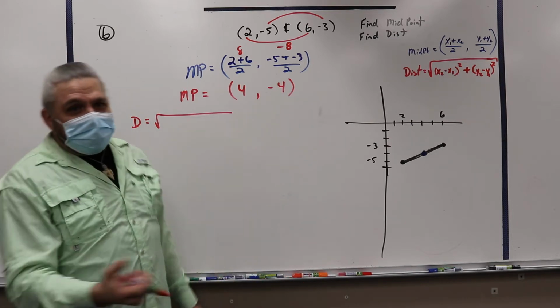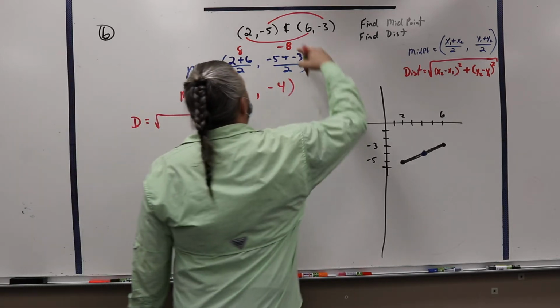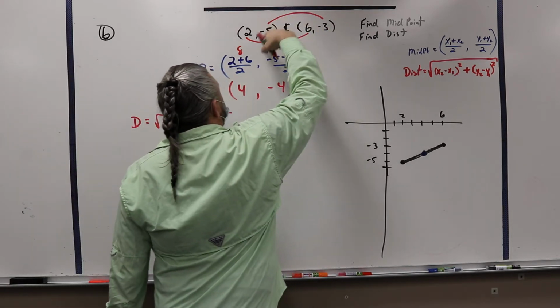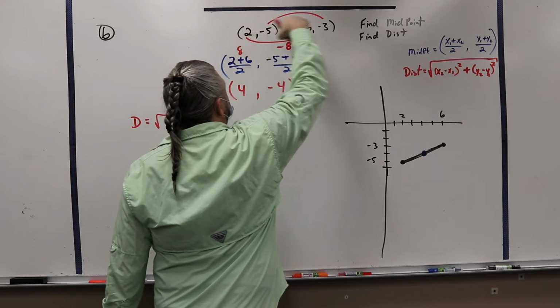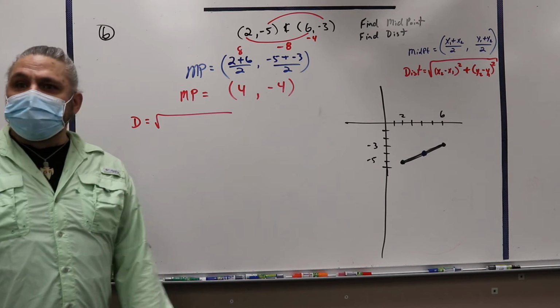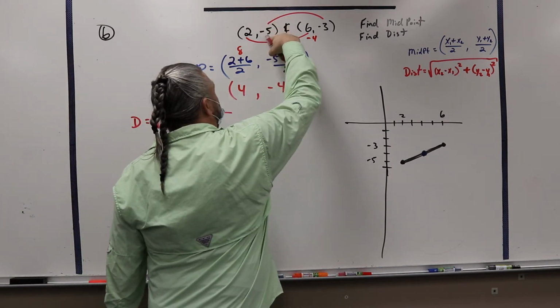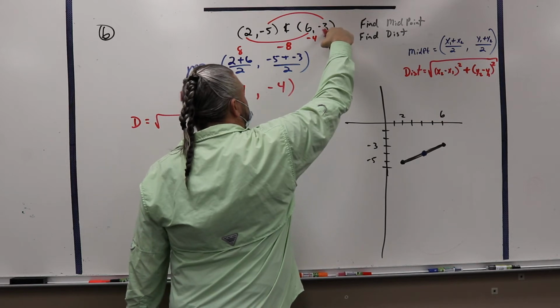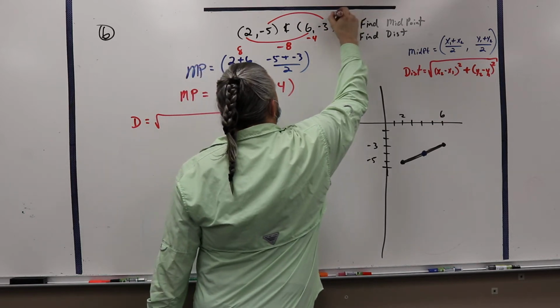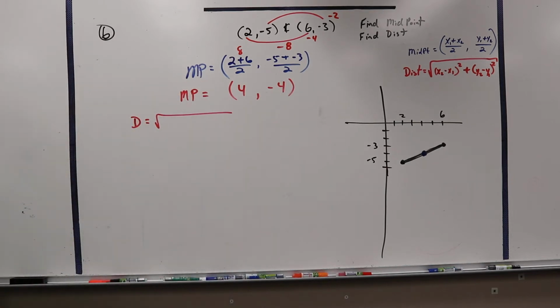And I might need the slope, because we're going to be asked to get the perpendicular. So I like to look at these differences here. And so I'm like 2 minus 6 would be minus 4. Does that make sense? Okay? And then negative 5 minus 3 would actually be a minus 2. Right? Yes?